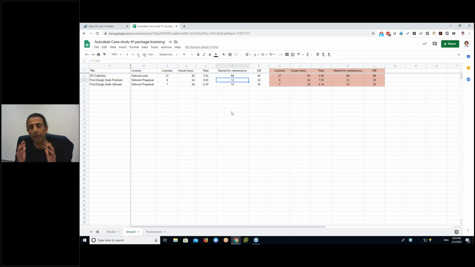So let's see, if I take the offer from Autodesk and I trade my product design suite and product design suite ultimate, I will trade my 6 licenses with 12 named licenses, and here 7 with 14, because I get 2 for each license.